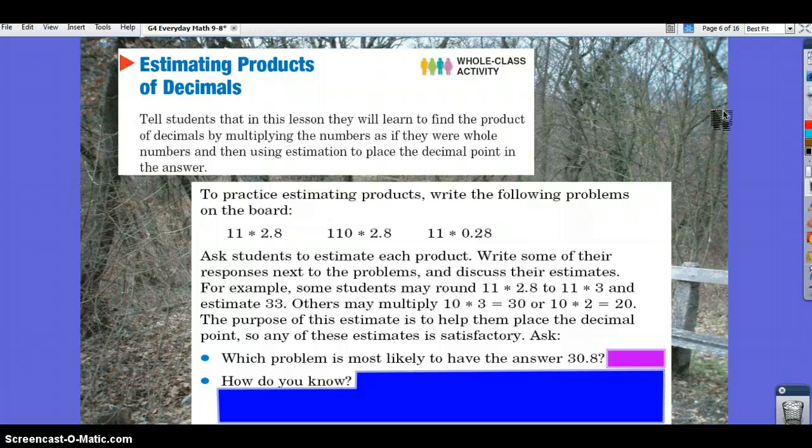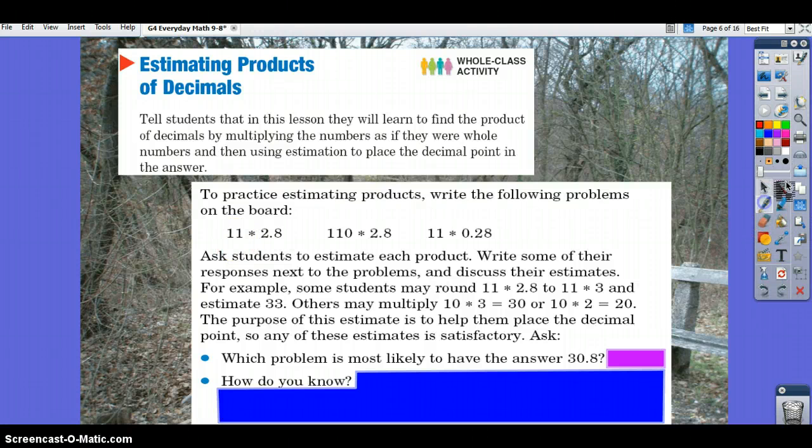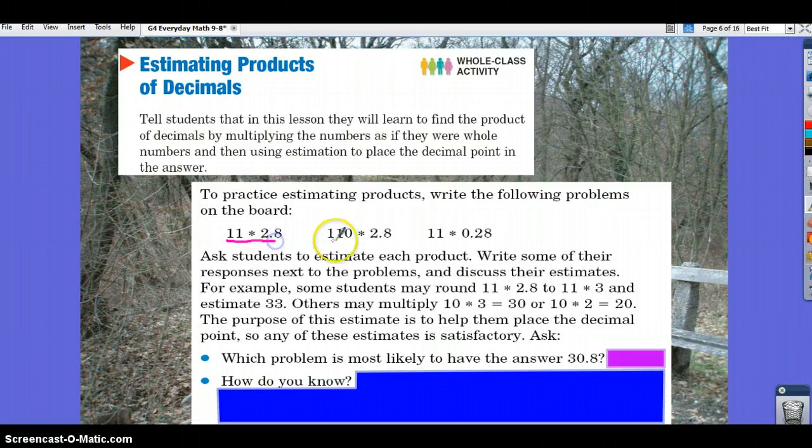So to practice estimating products, you should look at the following problems. 11 times 2.8, 110 times 2.8, and 11 times 0.28. Which problem is most likely to have the answer 30.8?